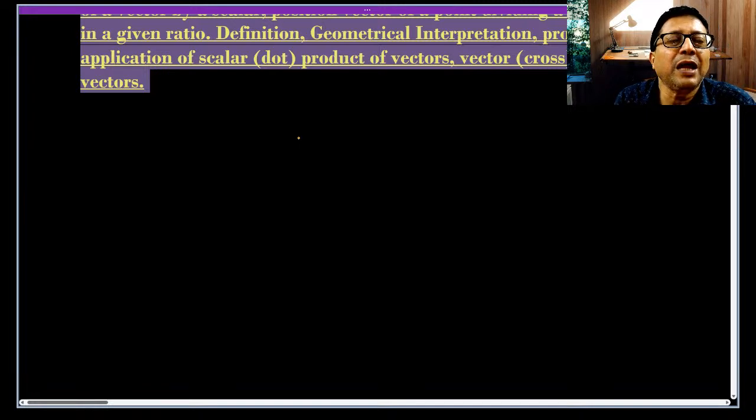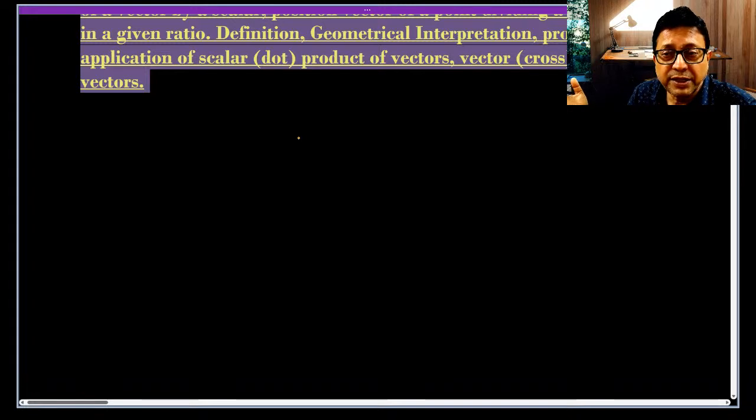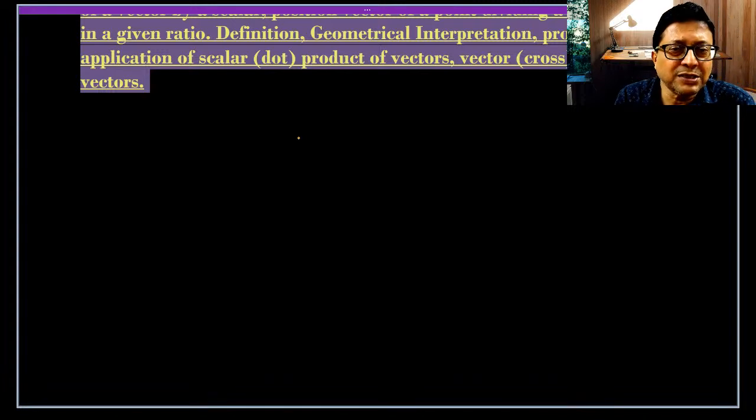Physical meaning will have a little bit of scope to state, but otherwise we will avoid that. It is just a mathematical construct for you. Clear? You will find application on every page of class 12 physics, and in other subjects also. Right now we just do it as a mathematical construct.